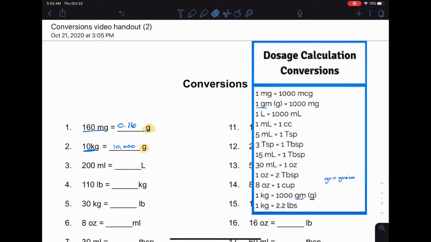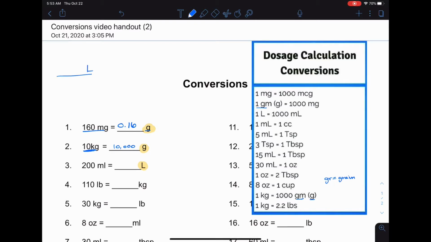Okay. Number 3. So 200 mils to liters. And we look over on our chart and we see that 1 liter is equal to 1,000 mils. Okay, so that's our conversion. So we're looking to get to liters, so that's where I'm going to start, with liters on top.